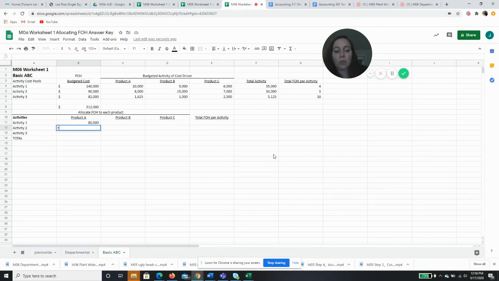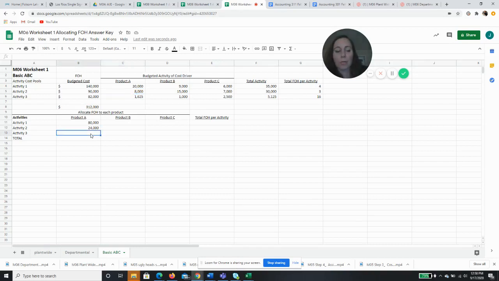For activity 2, product A uses 8,000 units of that activity times an allocation rate of $3 per unit. So product A is going to get a total of $24,000 of overhead allocated to it based on its use of 8,000 of activity 2.